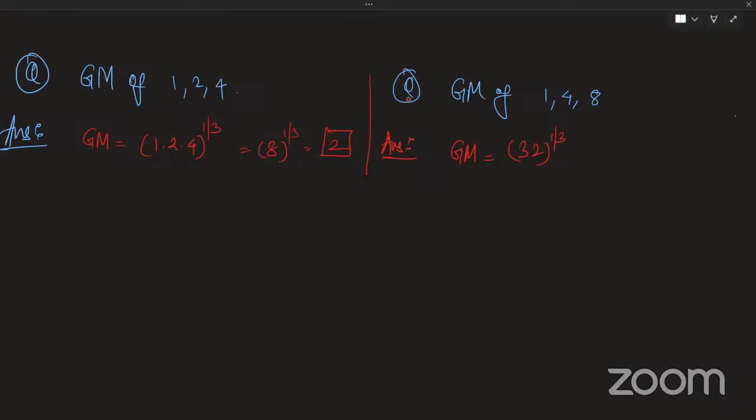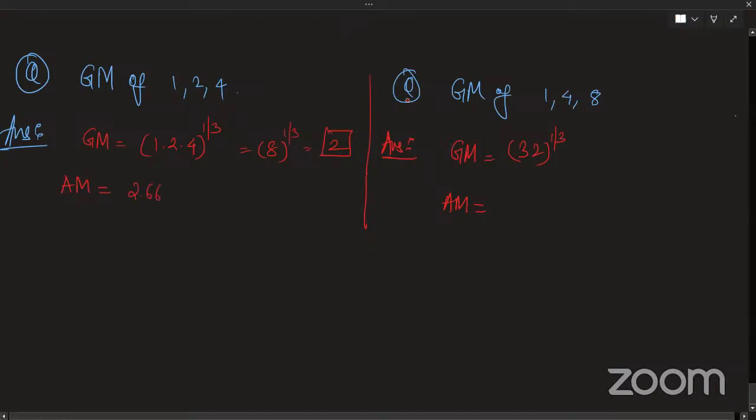Now can you calculate the arithmetic mean here and here? Can you calculate the arithmetic mean also? I know it will be a decimal. It is 2.6, sir.